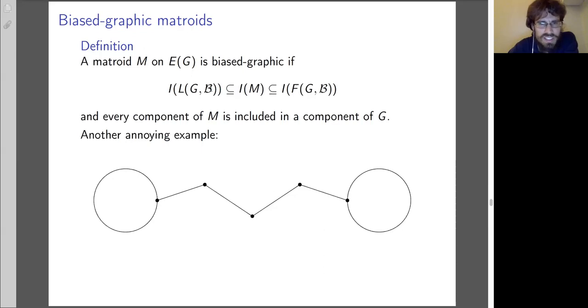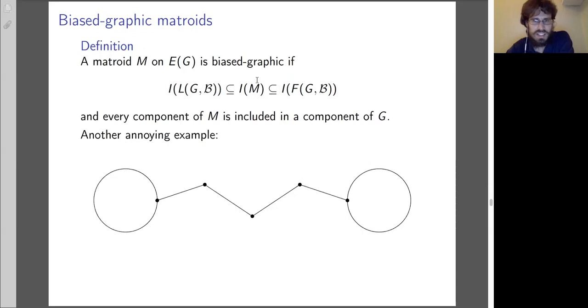So the first condition just says that any set which doesn't contain both loops should be independent in our matroid. Or to put it another way, in order to be dependent, a set has to contain both of the loops. And this condition is just saying the whole ground set should be dependent.